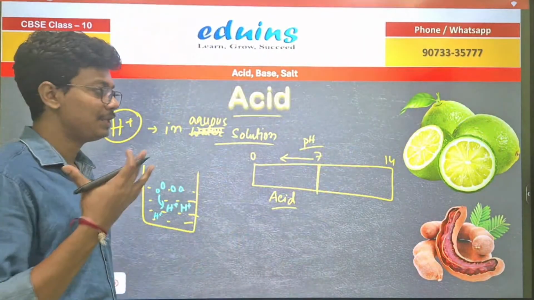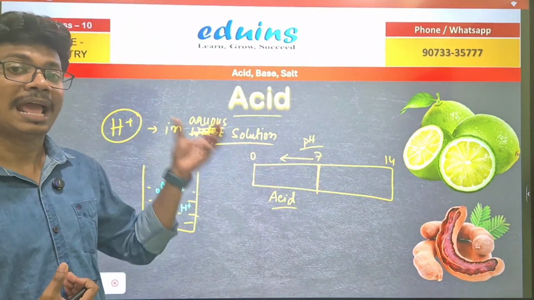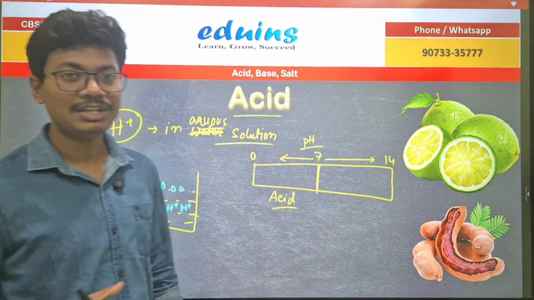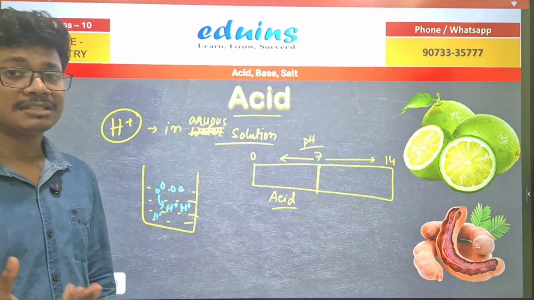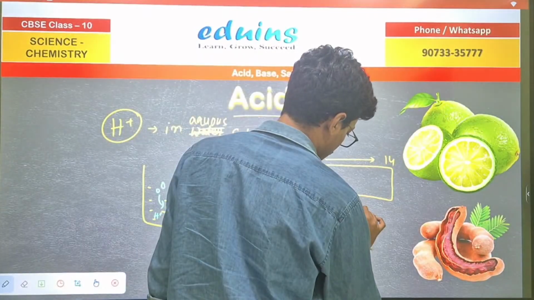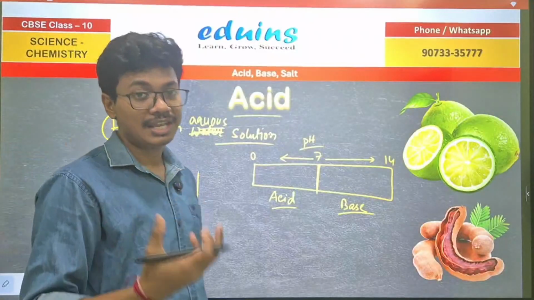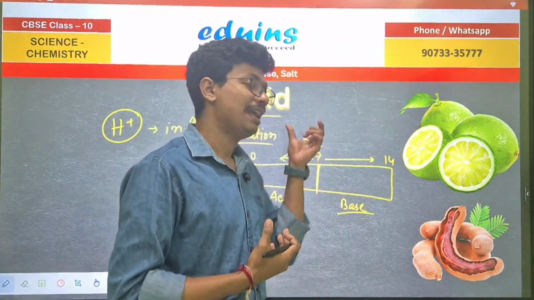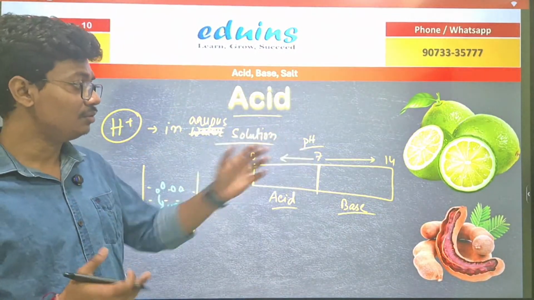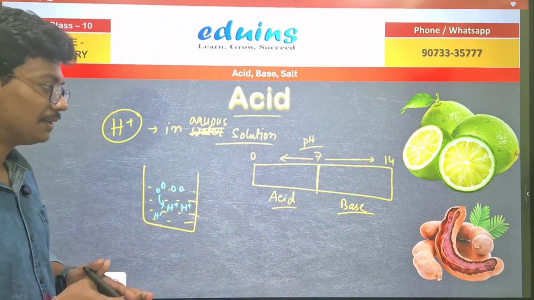From 7 to 14, that is pH 8, 9, 10, 11, 12, these pH values are denoted as base, or basic pH.